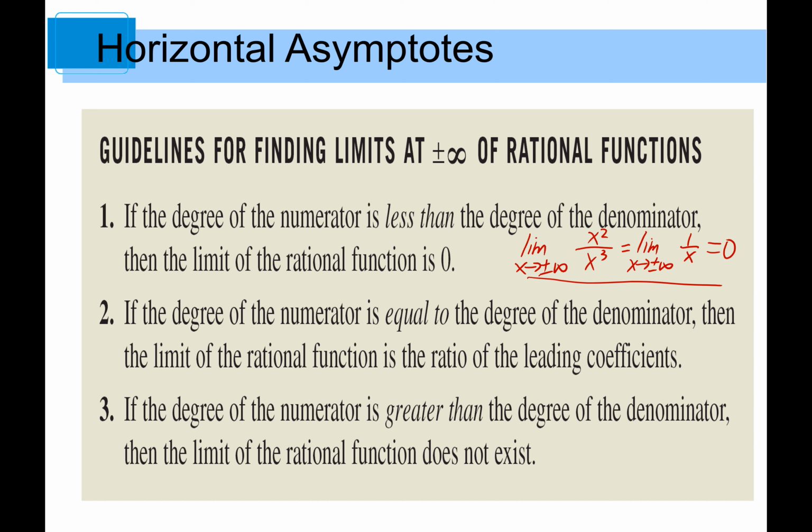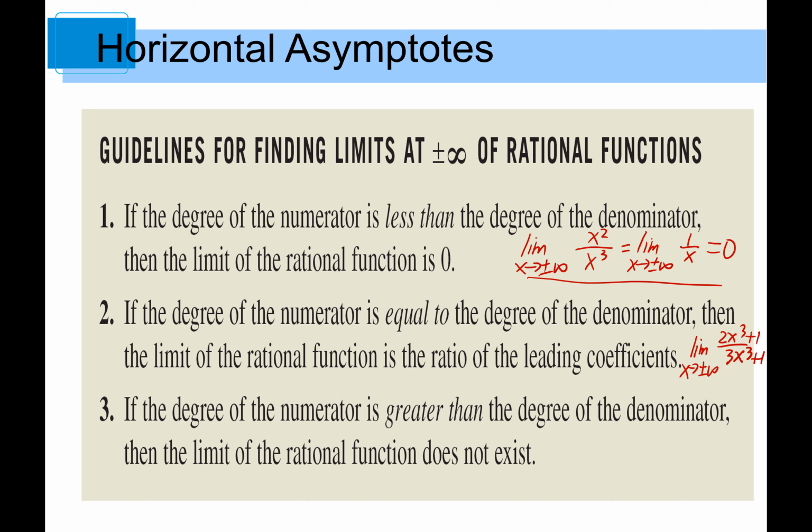Second guideline: if the degree of the numerator is equal to the degree of the denominator, then the limit of the rational function is the ratio of the leading coefficients. Another example could be the limit as x approaches plus or minus infinity of 2x cubed over 3x cubed, maybe plus 1.